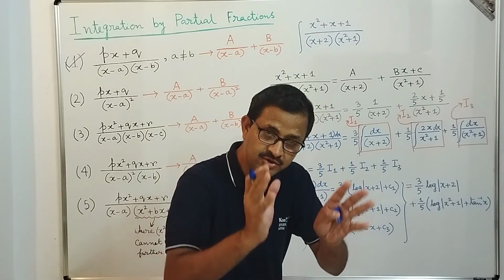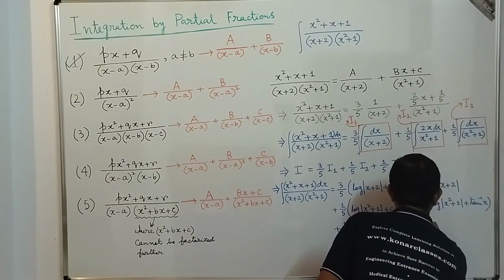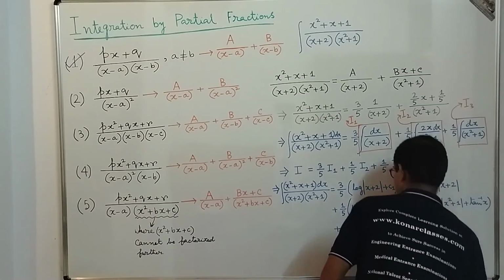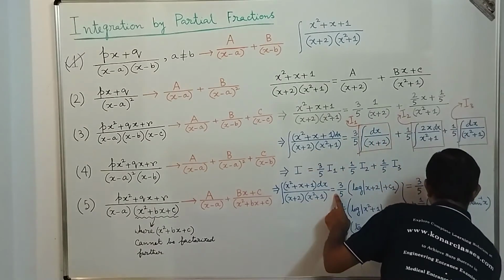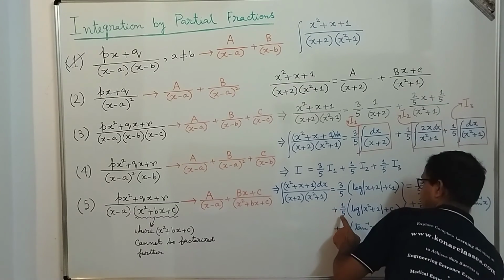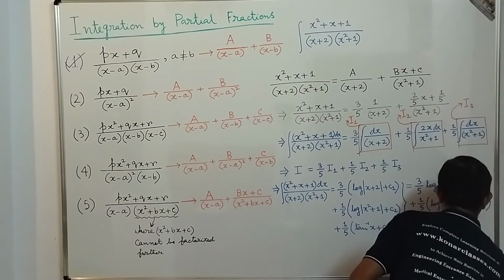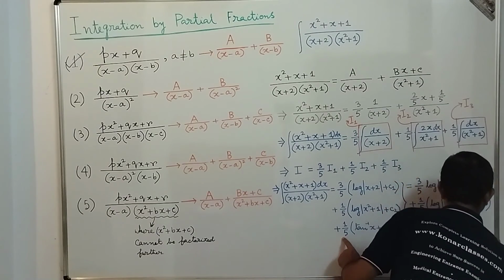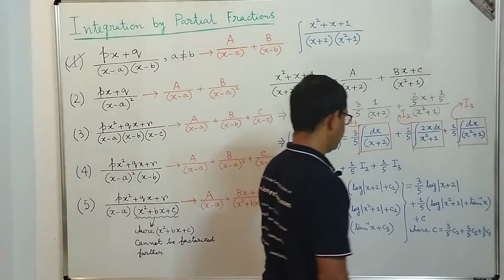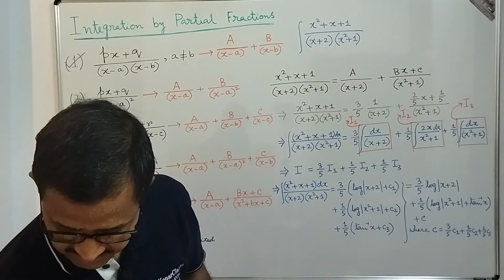We can join together and make one constant called c, where c is equal to 3 by 5 into c1 plus 1 by 5 into c2 plus 1 by 5 into c3. So this is the value of the given integration.